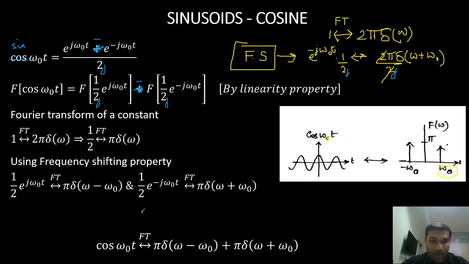This is what it will look like: sine omega naught t as the Fourier transform.